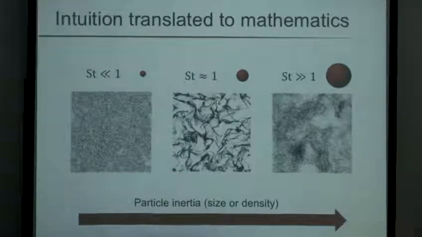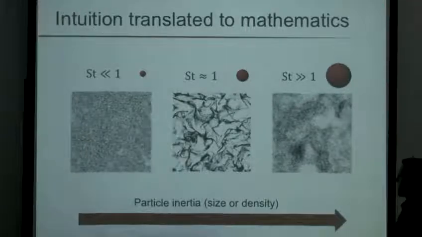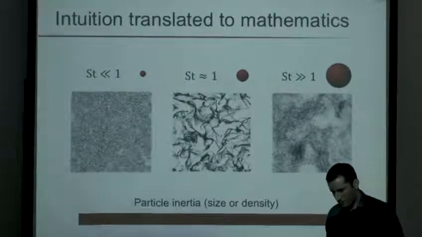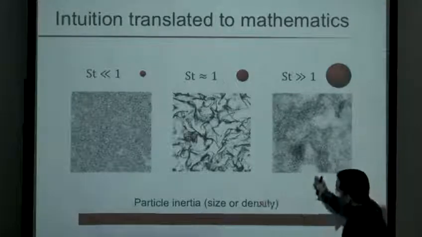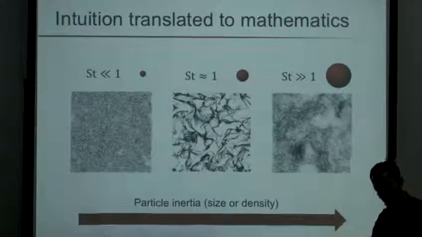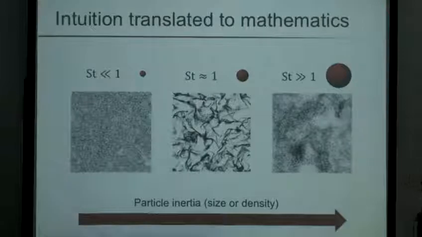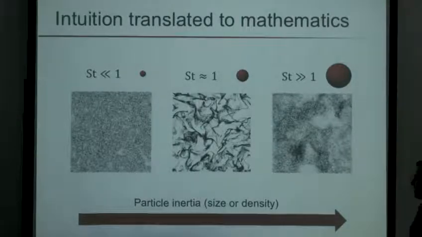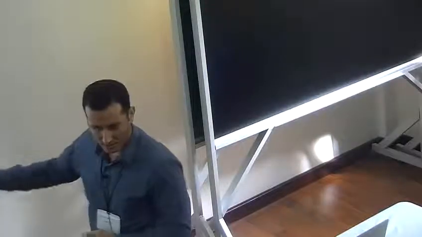So you might be thinking that this has something to do with a type of resonance with the background flow. What I did right now was put this non-monotonic behavior in plain English, to explain why this is happening. But the question is, can you translate that into mathematical language? Can you come up with a framework to basically predict this non-monotonic behavior? And that's what I try to do.